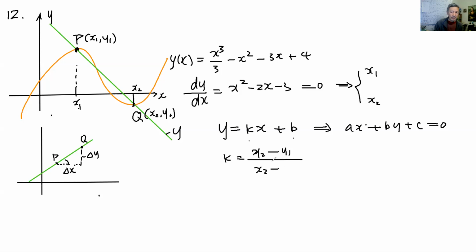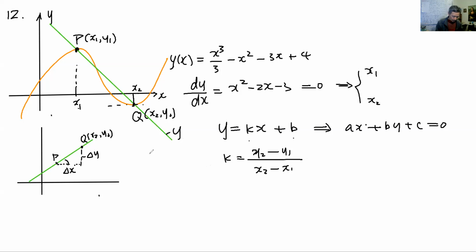It could be positive or negative, so you have to be careful. In this diagram, this one is negative, so you're right, it's y2 minus y1. It depends on the diagram, so you probably have to refer to it.